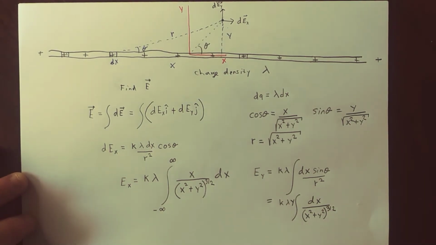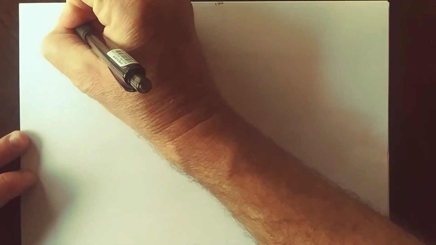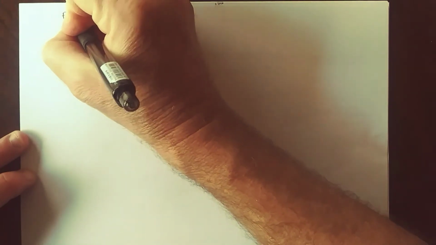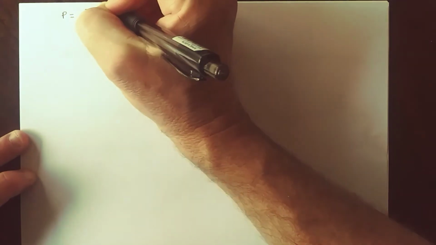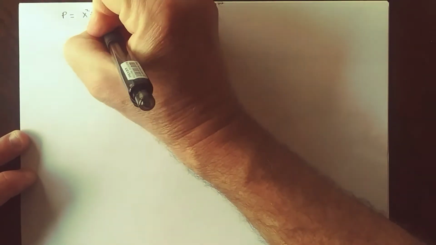So now we can do our integrals. Let's see. We actually need to do some substitutions, so it's a little bit tricky. So p equals, say, x squared plus y squared to the 1/2.